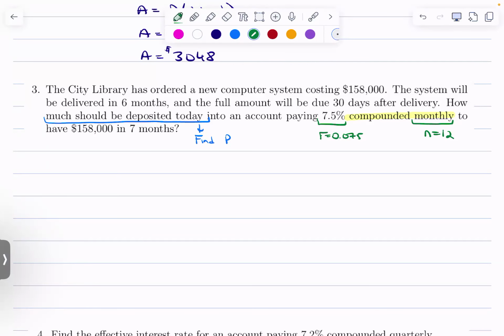And I did say, as we were introducing these compounding frequencies, in the test, I'll pick straightforward ones like monthly, right? Quarterly, N would be 4, right? Semi-annually, N would be 2. But that's not what the test is about.